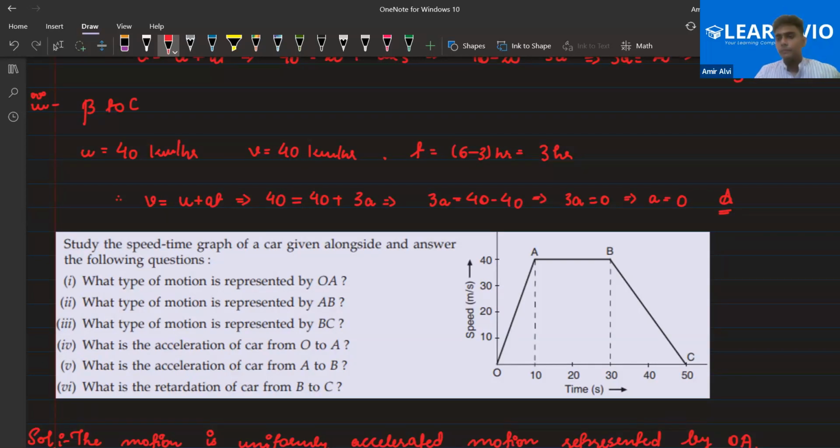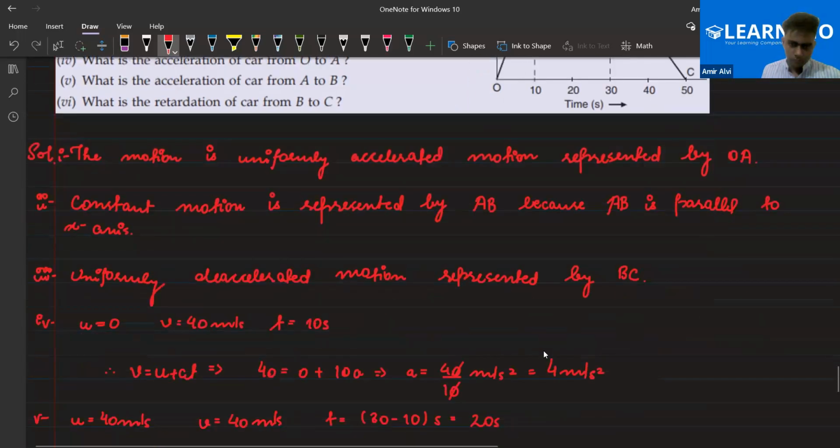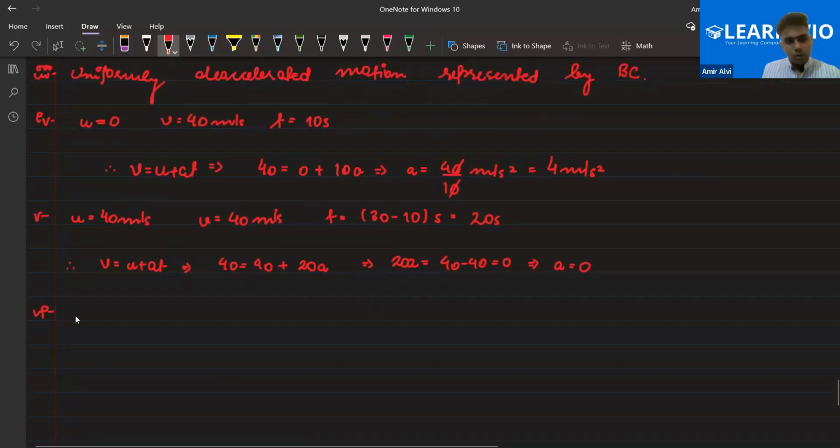Yes, sir. At point C, what is the final velocity? Because C is the last point now. Sir, the final velocity will be 0. 0, yeah. Okay. So in this case, the initial velocity is going to be 40.